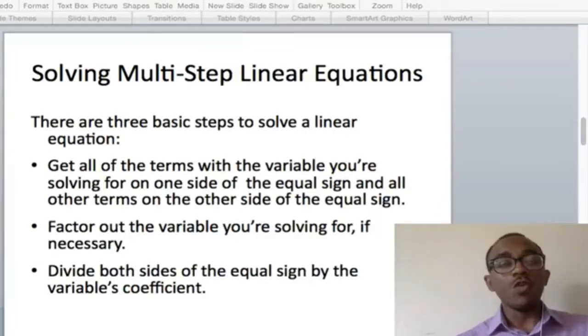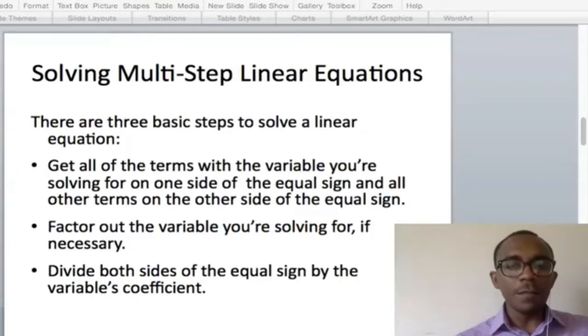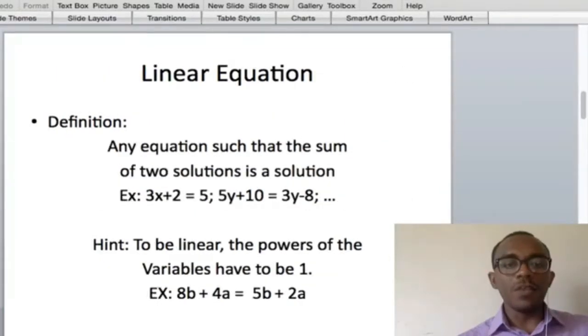I'm going to show you in an example what the word coefficient means, so you can connect to it. On the previous slide, x is the variable, and 3 is what we call the coefficient. The coefficient is whatever the variable is multiplied by.